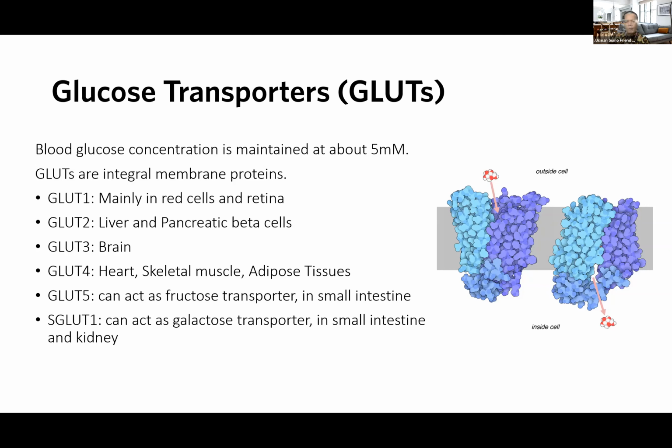While GLUT5 acts as a fructose transporter in the small intestine, and GLUT1 can act as a galactose transporter in the small intestine and kidney. So from this explanation, you should keep in mind that every organ has its own glucose transporter. Next slide, please.